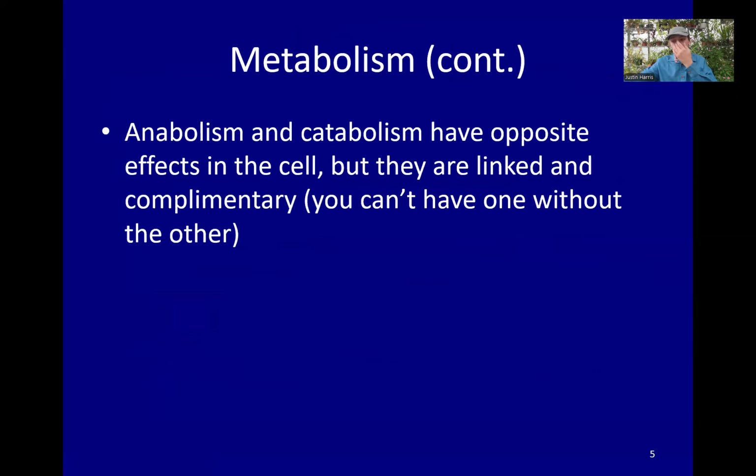And so a lot of the times, we need to do both of these for a specific molecule because we don't always need specific things. Maybe we need a specific compound at a specific time in development. And so we will build up that compound at that time point, but eventually we'll need to break that compound down. We might have an anabolic pathway to build it up, and then a catabolic pathway to break it down.